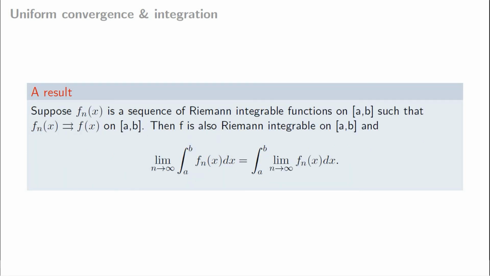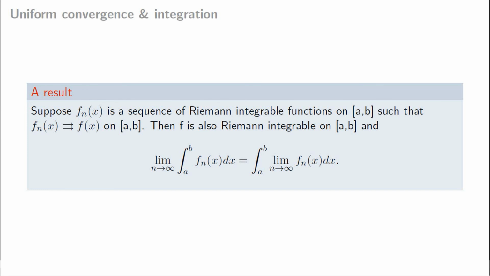Lastly, we discuss the exchangeability of integration and limit. Suppose fn(x) is a sequence of Riemann integrable functions on the closed interval [a, b], such that fn(x) converges uniformly to f(x) on [a, b]. Then f, the limit function, is also Riemann integrable on [a, b], and the limit of the integral over a to b of fn(x) dx is the same as the integral over a to b of the limit function.